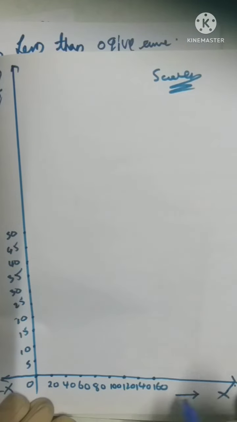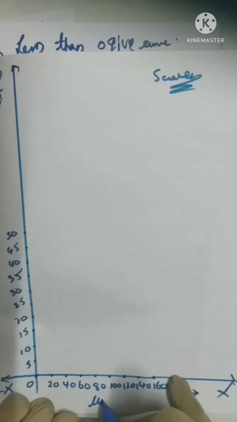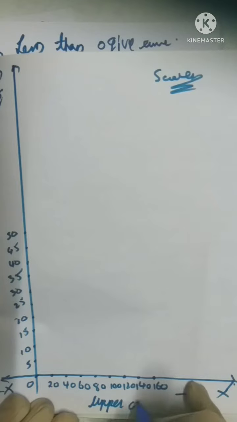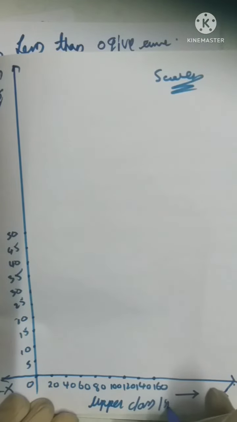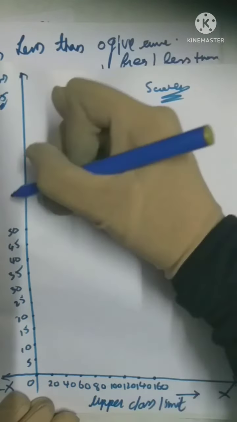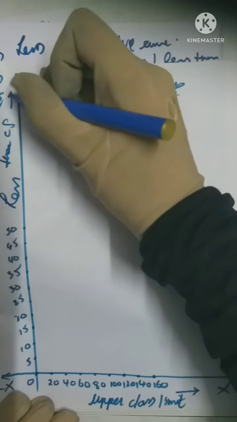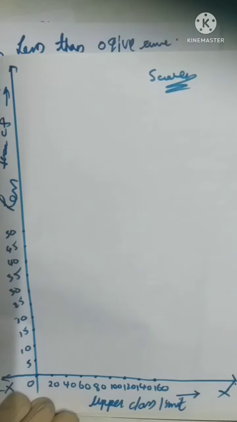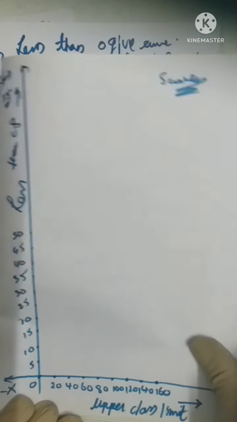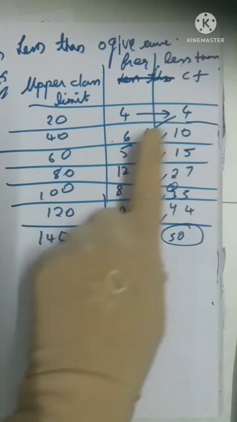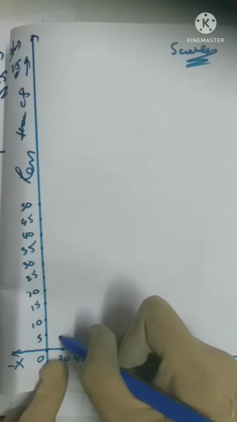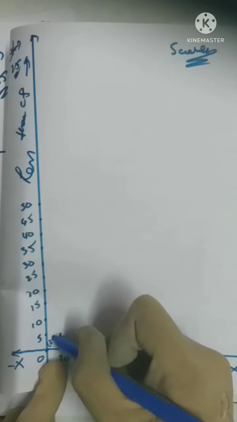So what do we have here? We have upper class limit, and here we have less than CF on y-axis. So what is the first point we have? When x is 20, y is 4. When x is 20, y is 4 means it is somewhere here. 20, 4.